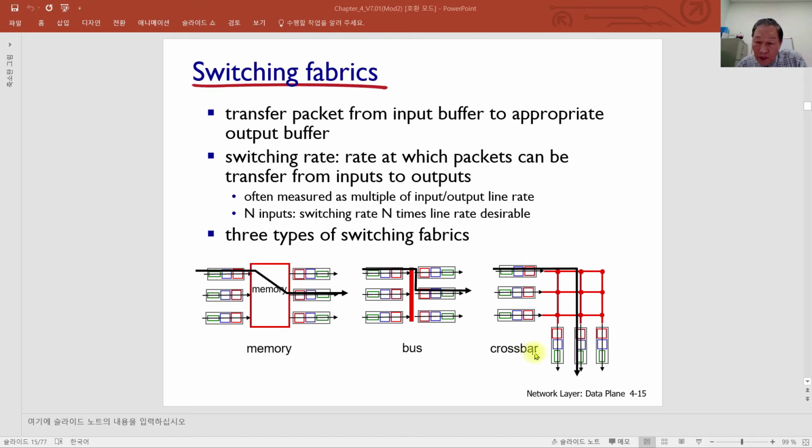And this one is crossbar. This one is the highest speed. This one is higher than this, and the speed rate goes like this, and it is more expensive. This one is more expensive than this architecture.